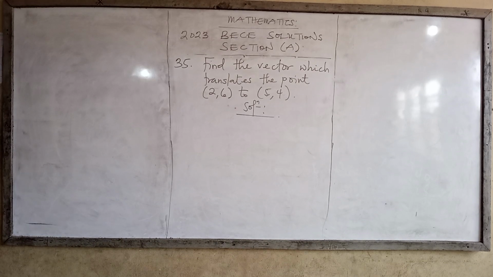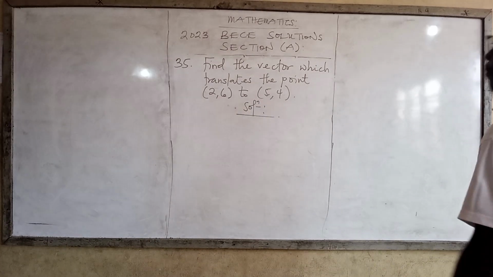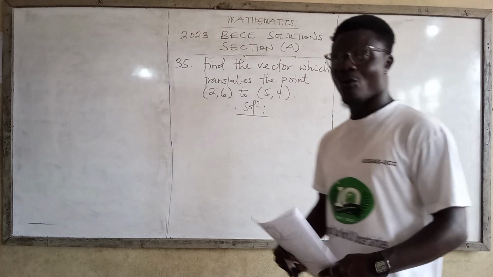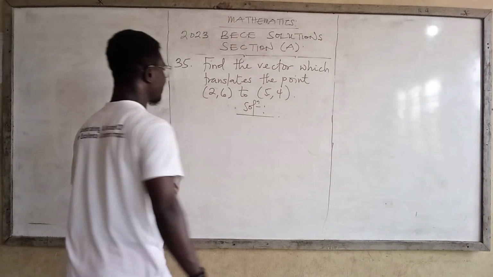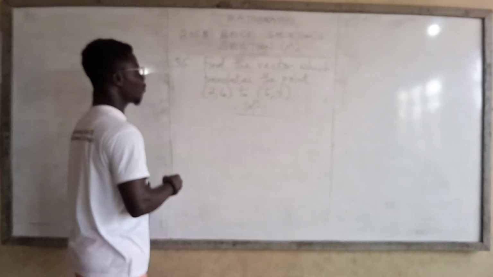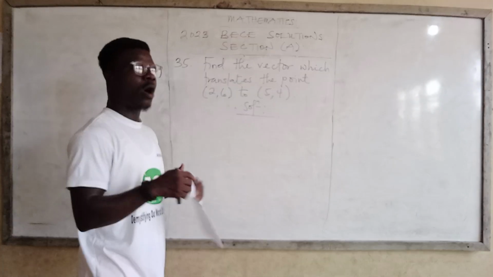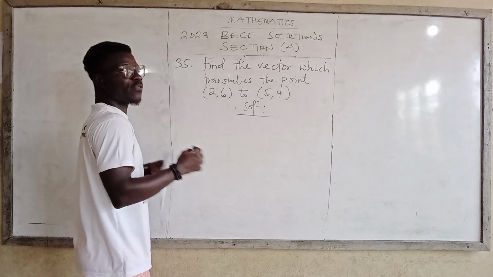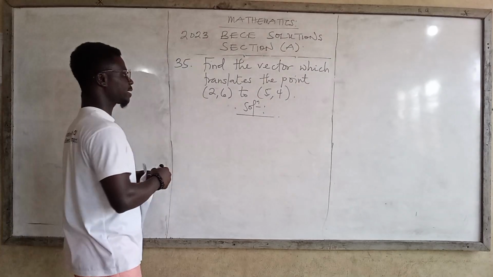So 35, find the vector which translates the point (2, 6) to (5, 4). So this time around, it will tell you that this is the point, this is the image, but you have to move from the question. Now, how do we find the vector? Or how do we calculate the image when the vector and the points are given?